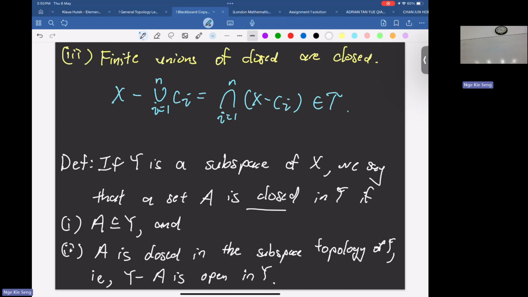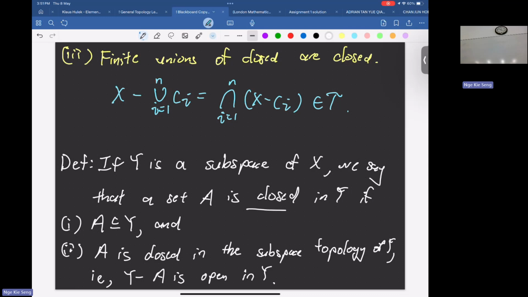But in this class, we will only talk about open in a subspace. We didn't use open subset of something, and we didn't define that either. Or I will specifically mention that we are using subspace topology.